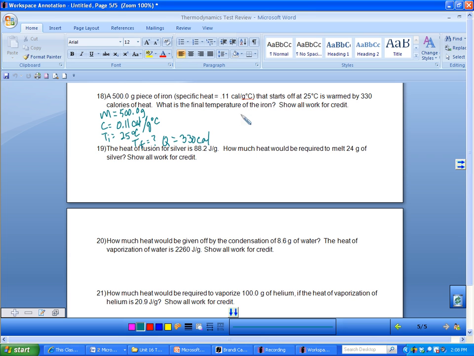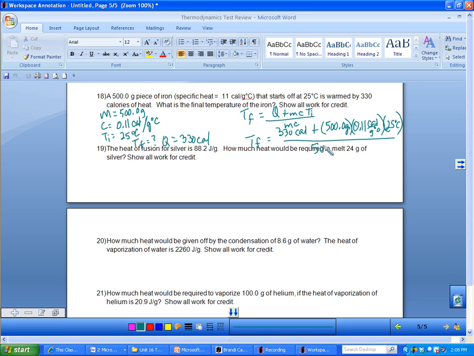So I had an equation a while ago that said the temperature final was equal to Q plus MC T initial, divided by MC. So Q is my 330 calories, plus my M, which was 500, times my C, which was 0.11, times my initial temperature, which is 25, all divided by MC.